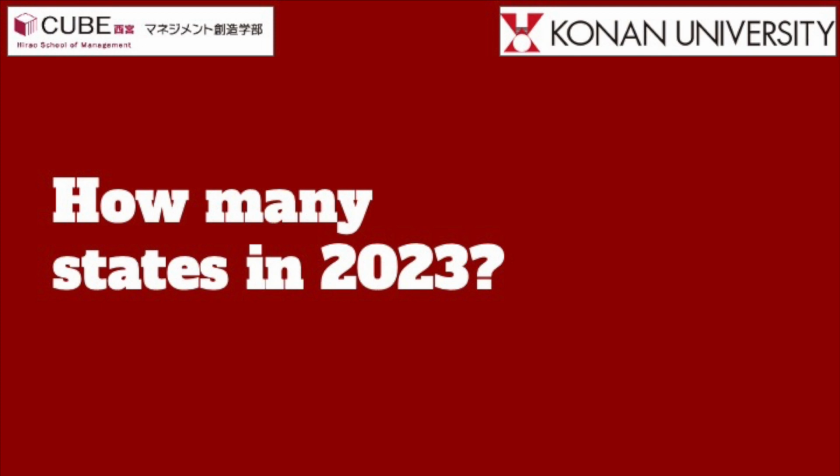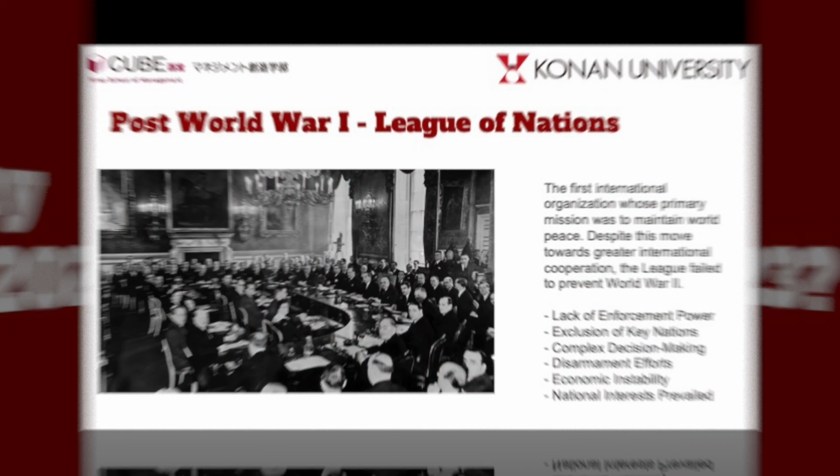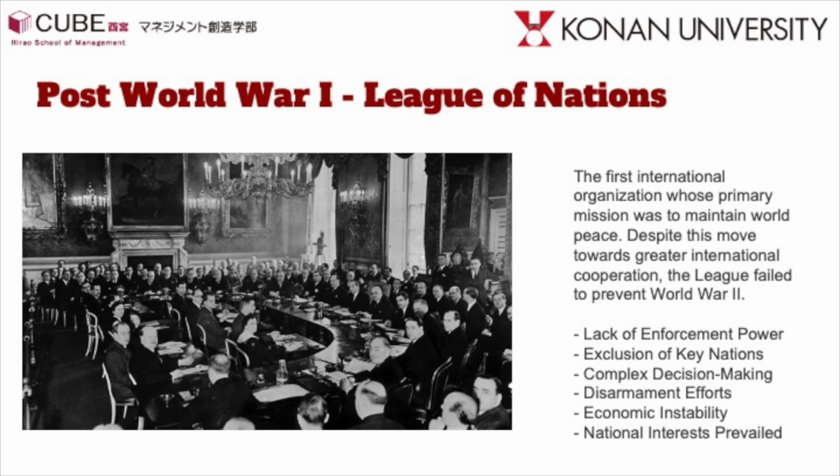As far as we know, there are 206 listed states, and these can be divided into three categories by membership within the United Nations. So there are 193 UN member states, 2 UN General Assembly non-member observer states, and 11 other states. So 206 total.